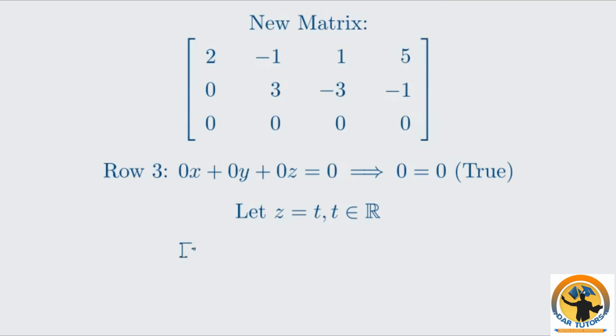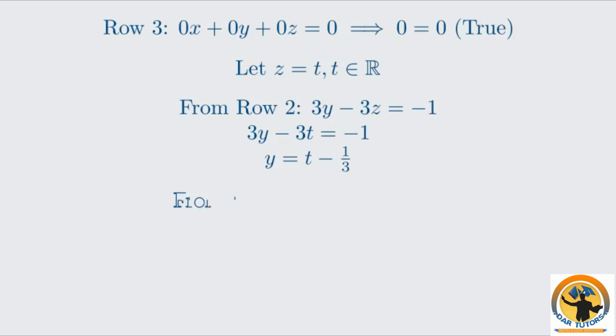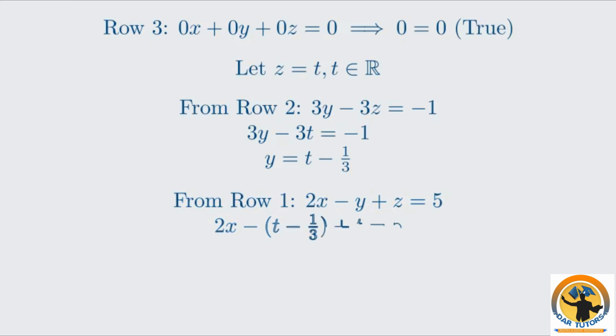Let's set z equal to a parameter, t. The second row gives us 3y minus 3z equals -1. Substituting z equals t, we get 3y minus 3t equals -1, so y equals t minus 1/3. Now substitute y and z into the first row's equation: 2x minus (t minus 1/3) plus t equals 5.